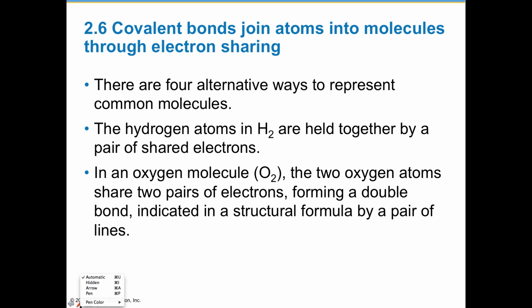So we talked about the different types of bonding. You have single bonds, double bonds, and triple bonds. So we said that single bonds would be just one line, and they would share two electrons.